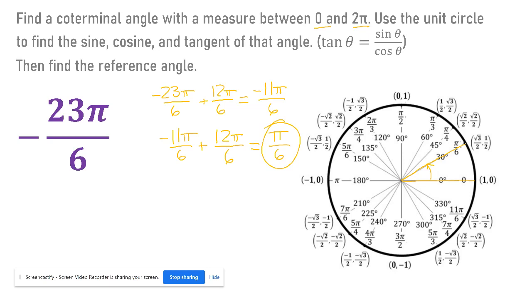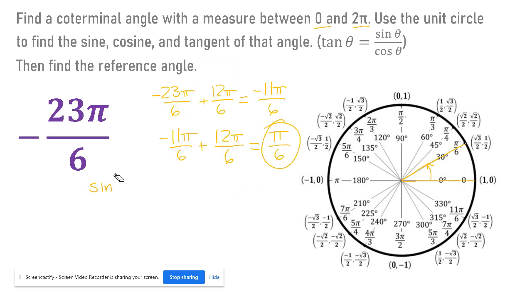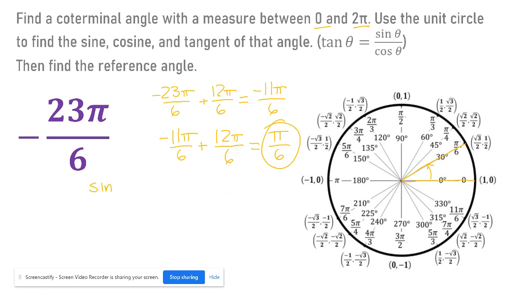And I'm going to find my sine, cosine, and tangent. So my sine this time, and it's negative 23 pi over 6 that I want to be writing down here, since that was my original. So the sine of negative 23 pi over 6 is my y value there, which is 1/2.